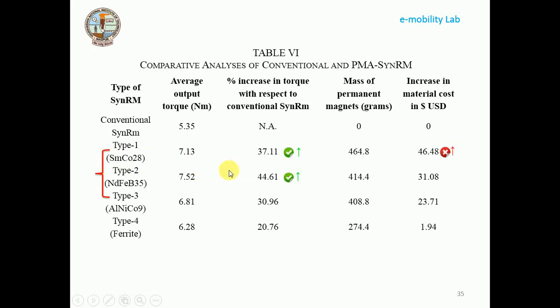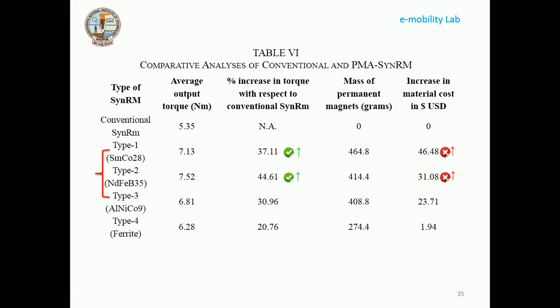So by using this magnet, the cost of material used, meaning magnet used, is increased. It is not in percentage, actually it is in US dollars. So $46 and $31 it is increased.